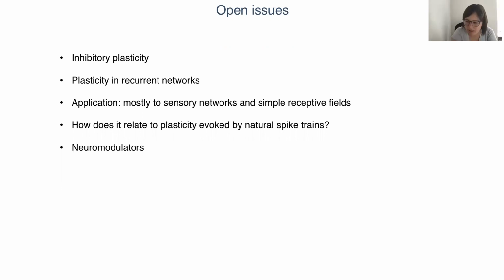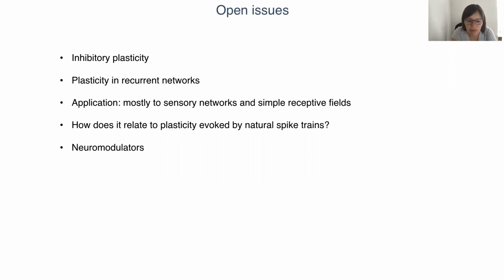I think it's hard to say what's the most complicated task they could accomplish, but it's fair to say, as I wrote in these open issues points, that most of them have been challenged in the context of very simple sensory plasticity. So simple selectivity in the cortex, like in auditory cortex, neurons become selective to a given frequency, in the visual cortex to a given orientation.